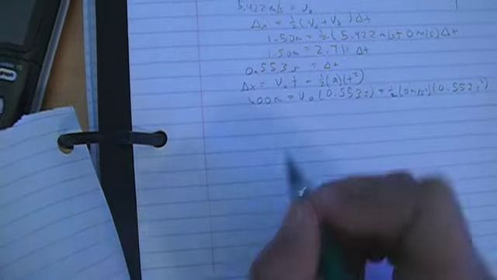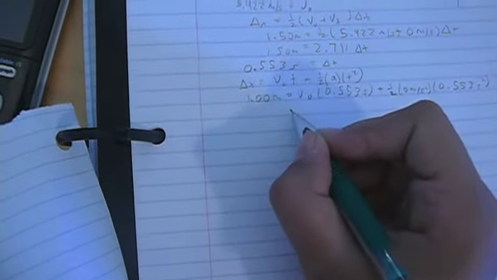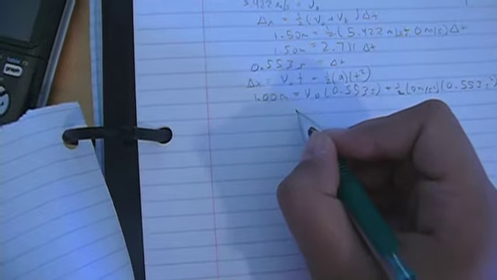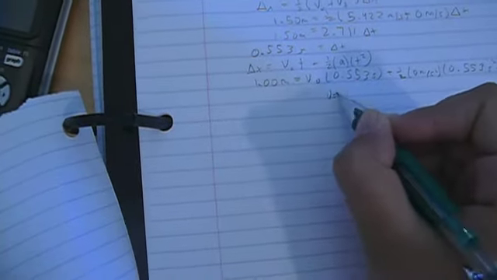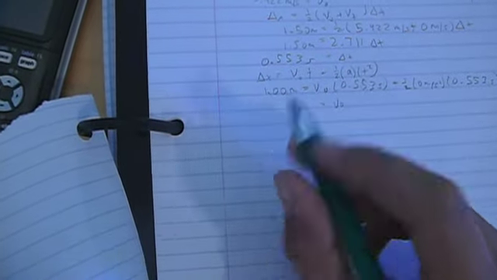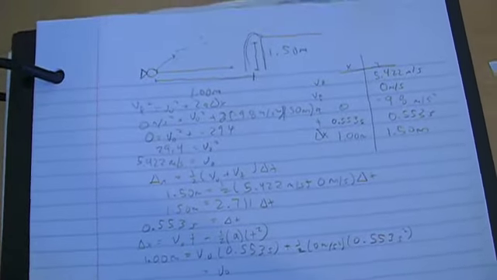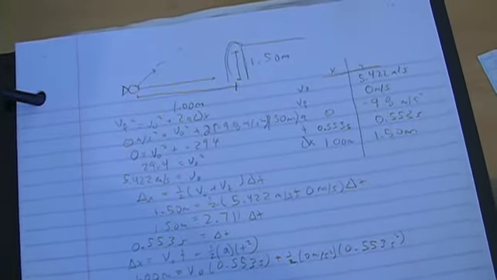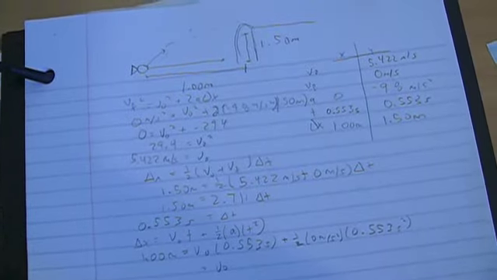So the initial velocity for the x-axis would be 1.8 meters per second.